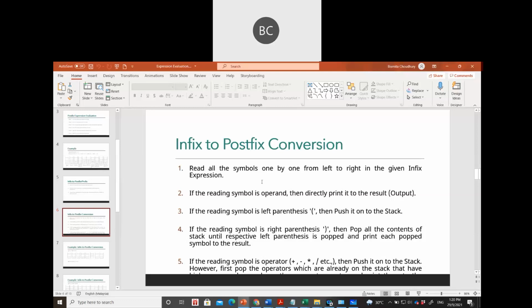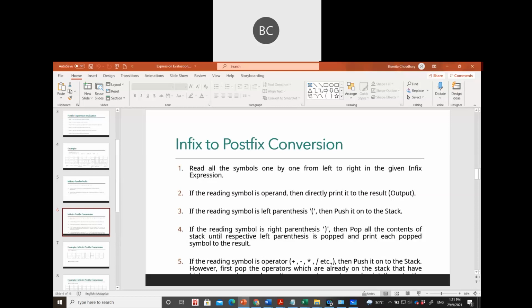So what we do here, we read each and every symbol one at a time from left to right. Whenever we read an operand, we print it to the result. Whenever we see a left parenthesis, we push it onto the stack. Whenever we find a right parenthesis, we pop out all the contents inside the stack until the left parenthesis.